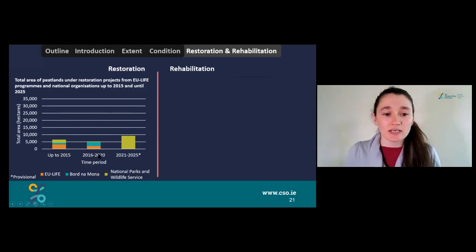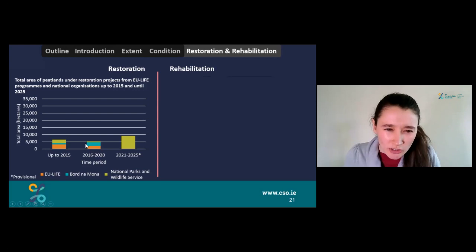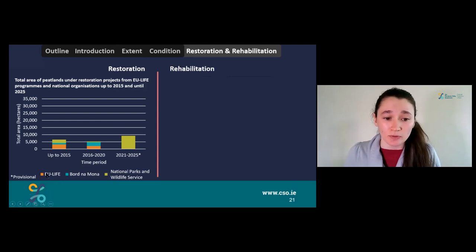Between 2016 and 2020, just over 5,000 hectares have been through restoration programs, mainly through European projects, but also internal Bord na Móna projects. Between 2021 and 2025, and this is provisional, it is expected that more than 9,000 hectares of peatlands will undergo restoration programs. The work will mainly be done by the National Parks and Wildlife Service.